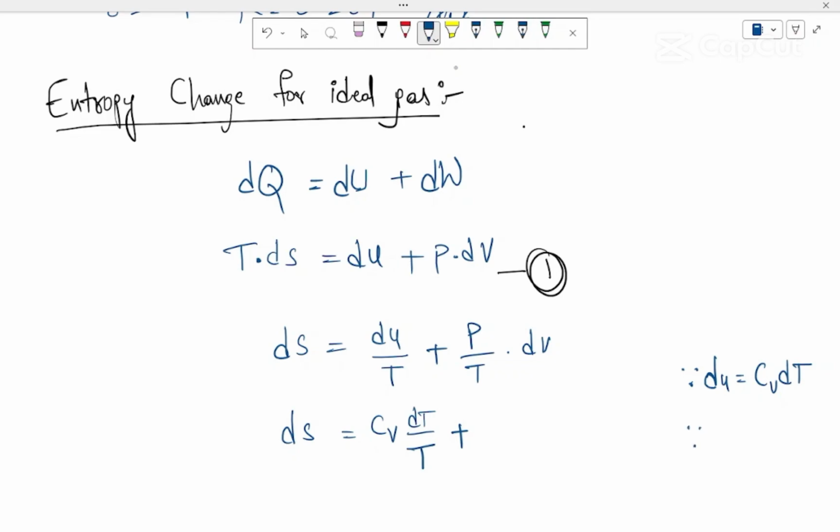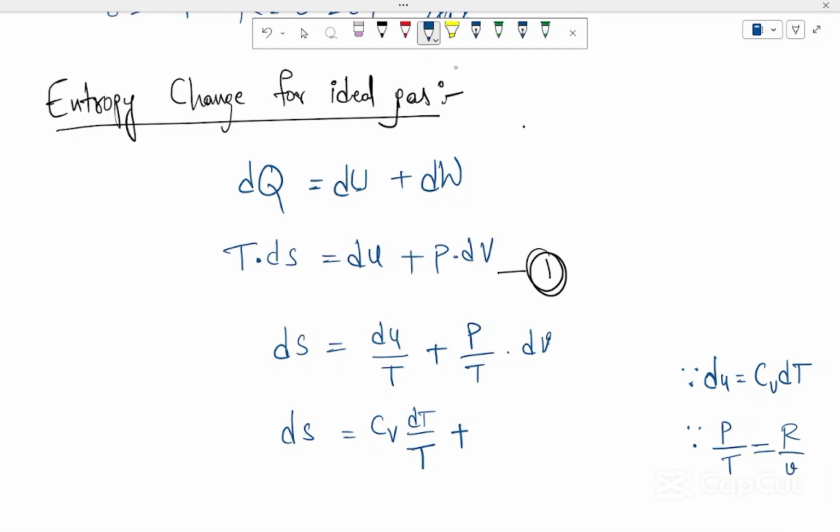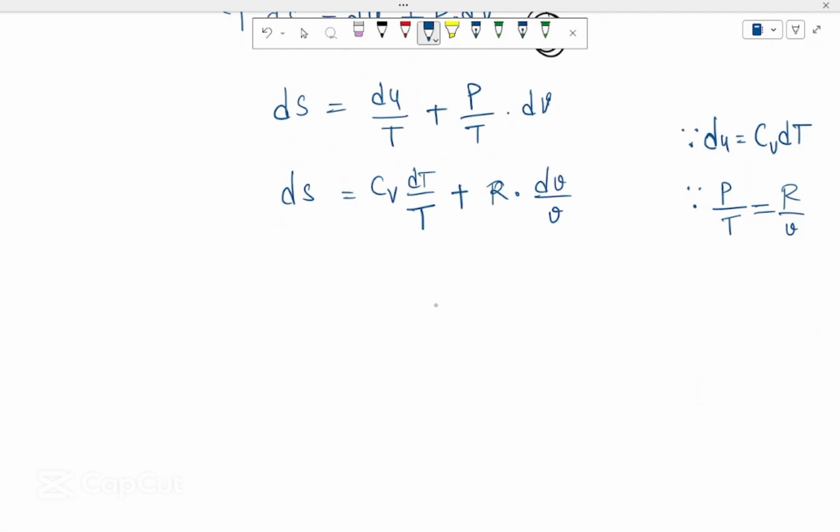Based on PV equal to RT, I can write P by T is equal to R by V. When I say V here, I'm speaking about a specific volume. So P by T into dV is R into dV by V.